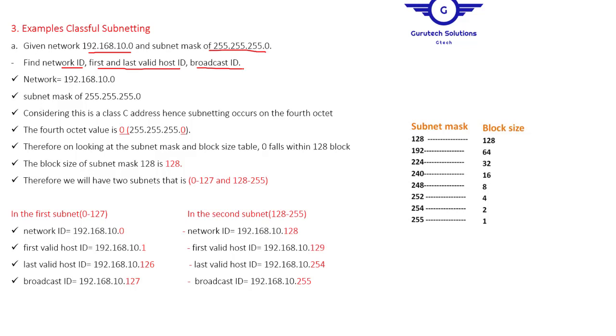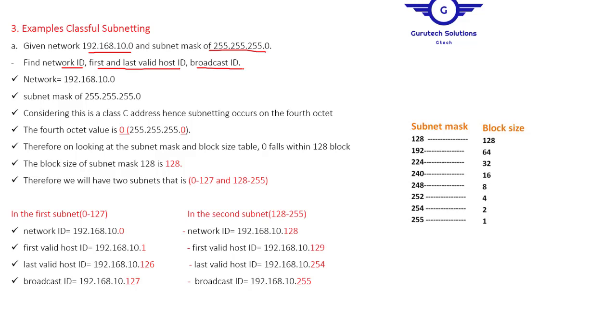The network ID, as we learned earlier, is that portion of the IP address that tells us which network the IP address belongs to. But the host ID is the portion of the IP address that tells us the number of host addresses that the host devices can take.